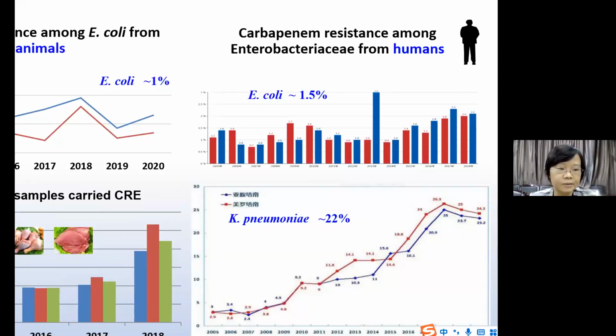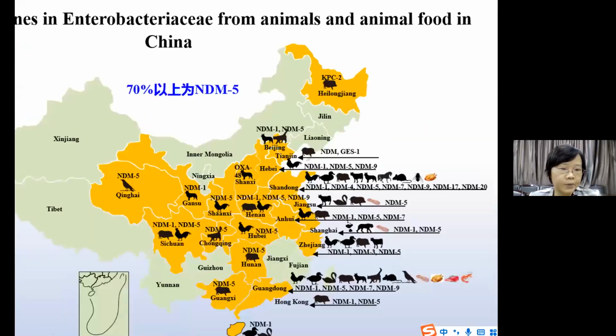Food-producing animals also showed an increase of NDM. At present, over half of the regions in China have detected NDM.